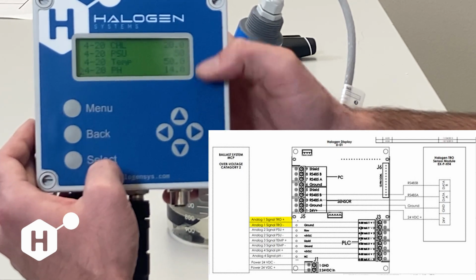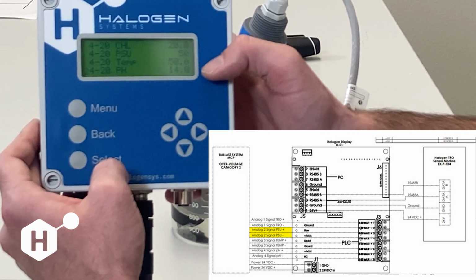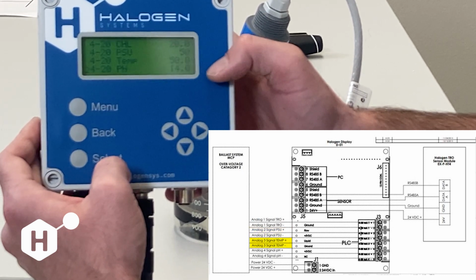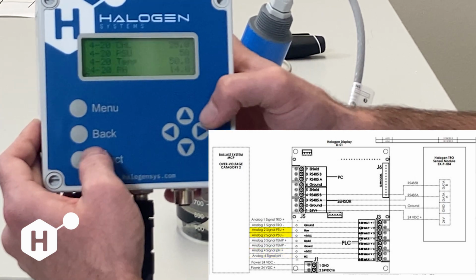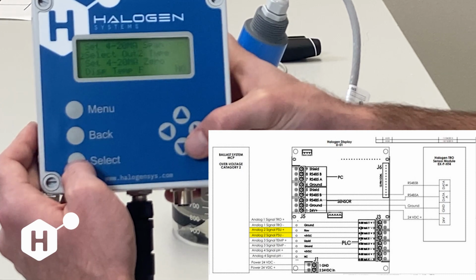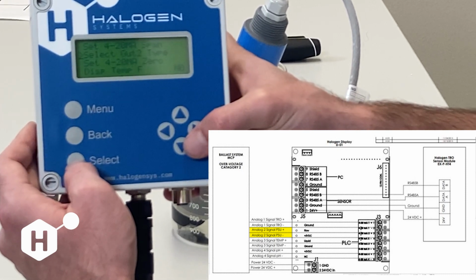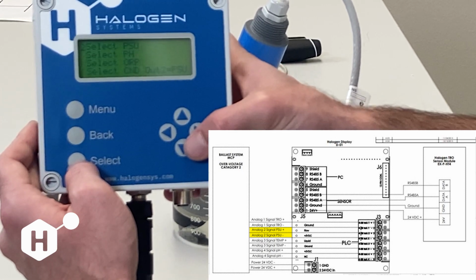By default, output 1 is chlorine, output 2 is PSU, output 3 is temperature, and output 4 is pH. Output 2 is user configurable. We can go to this portion here, select Out 2 Type, and change what unit we're going to output from output 2.